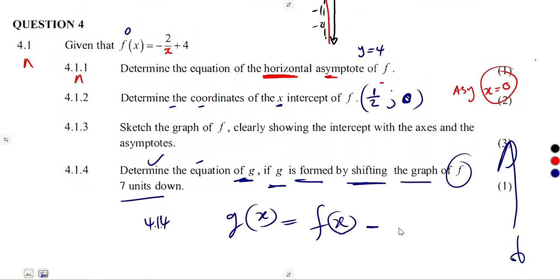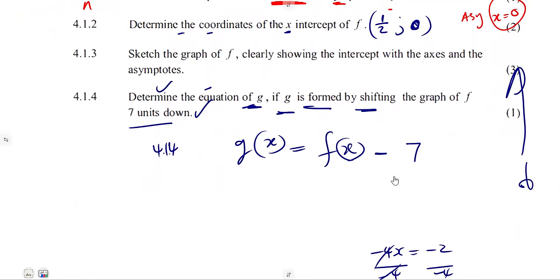So when you are going down, it's f of x minus a. In our case, a, the units that you have moved down, is 7 units. If you've got f of x plus a, it's a shift of a units going up; minus a, a units going down. So that is how you work out a shift.